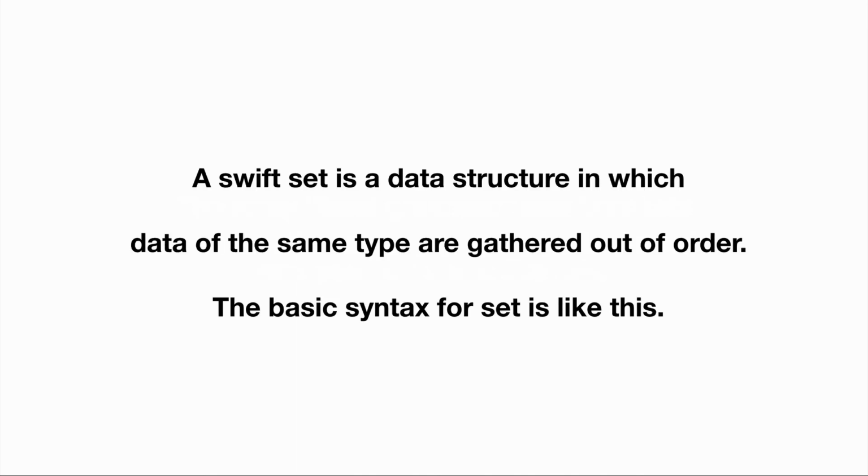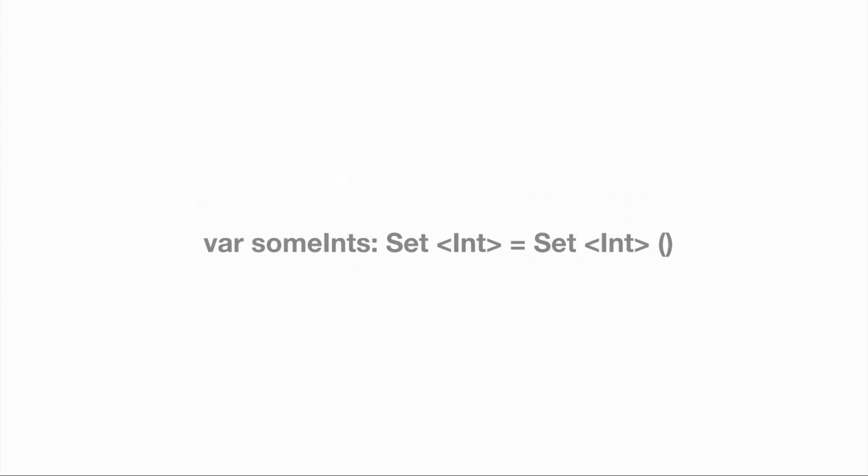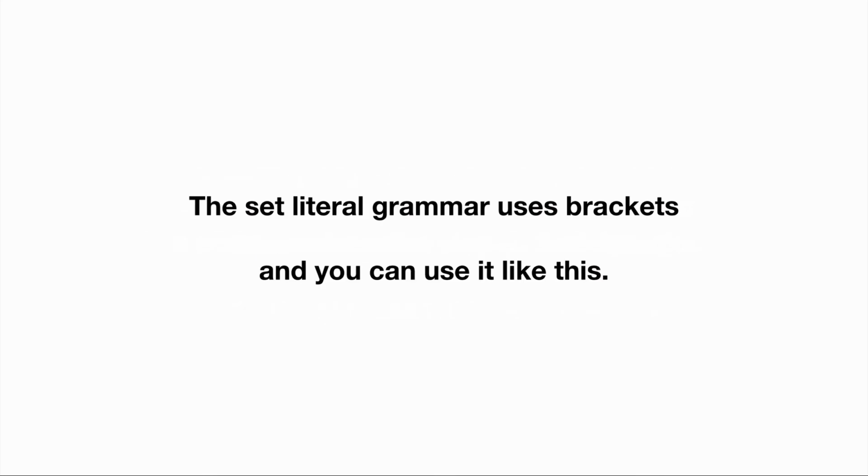A Swift set is a data structure in which data of the same type are gathered out of order. The basic syntax for a set is like this. The set literal grammar uses brackets, and you can use it like this.